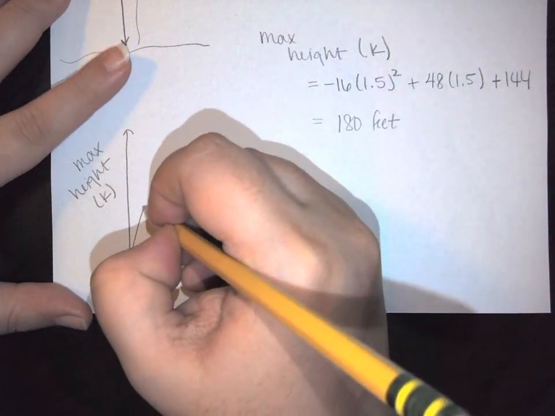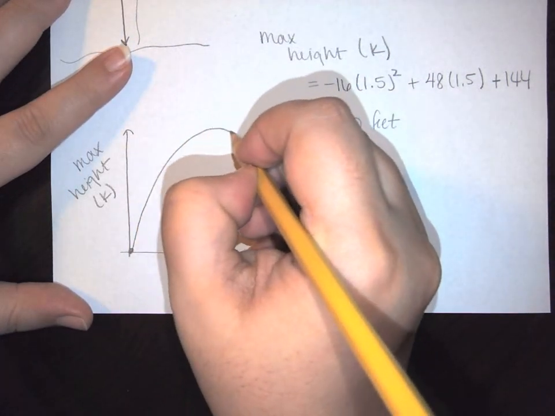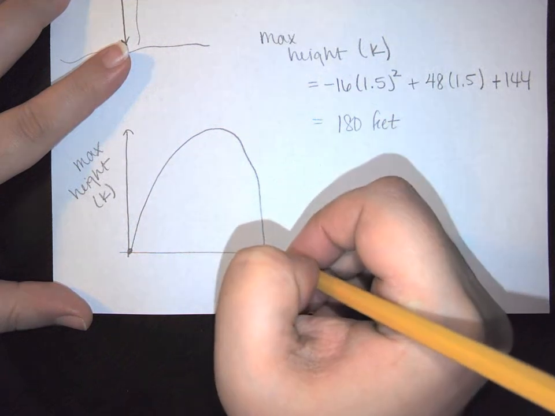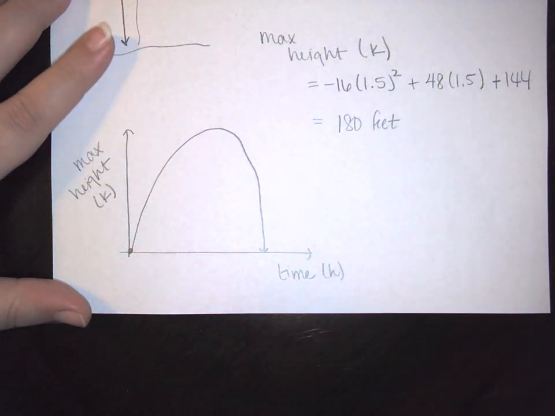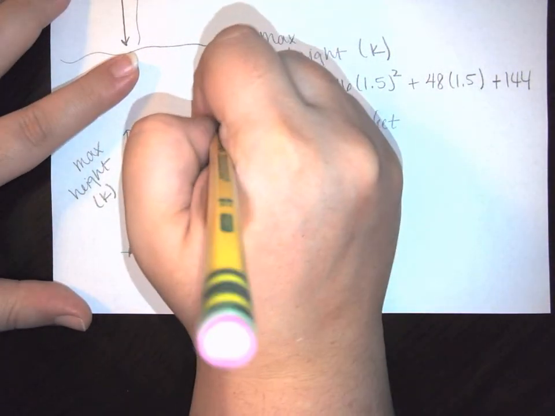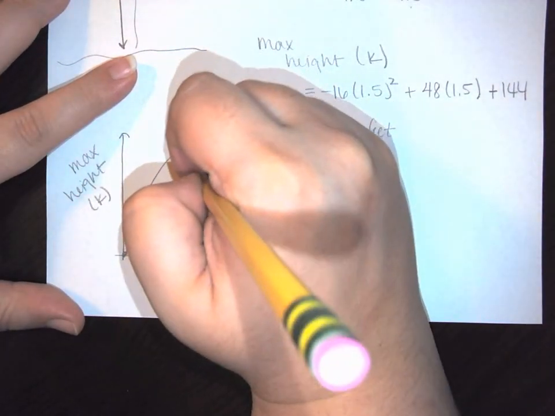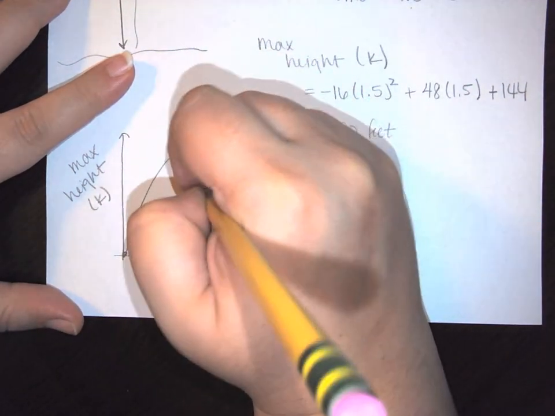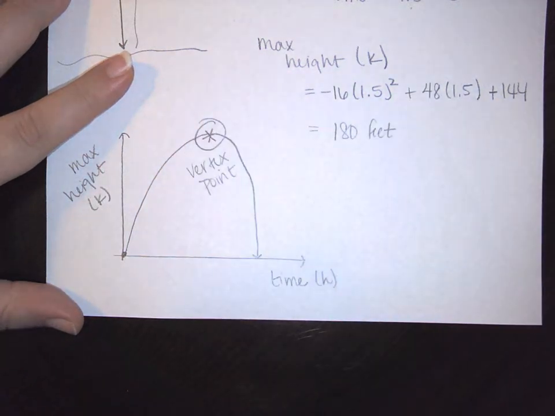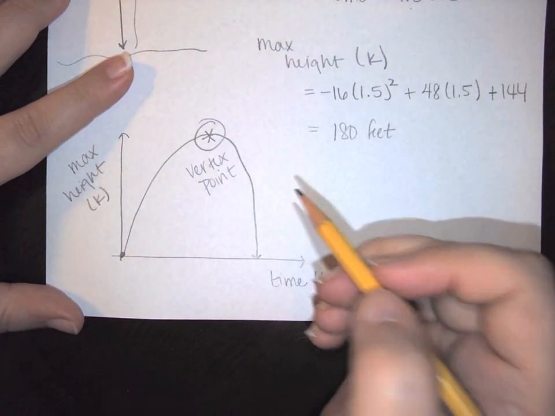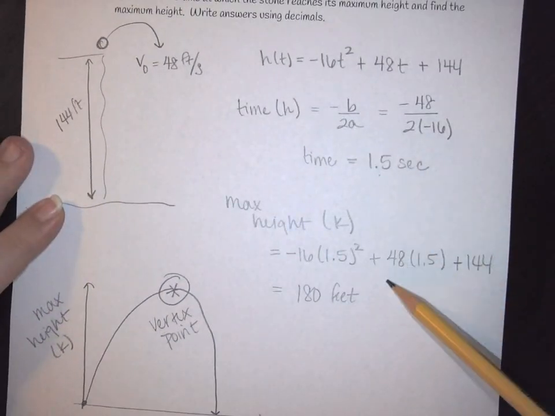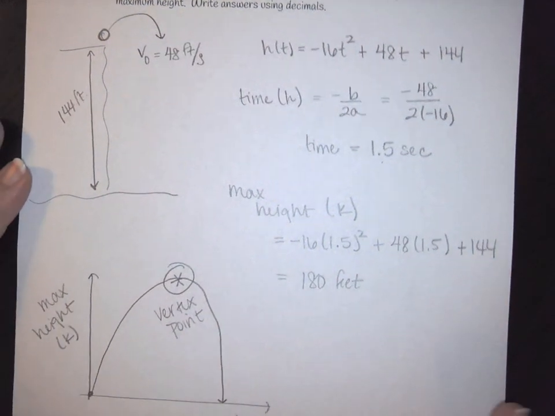It's going to go up for a little bit of time before it peaks, and then it comes back down to land. So this point right here up at the top is your vertex point. And so therefore, because it's your vertex, we can use that vertex formula idea in order to solve the problem.